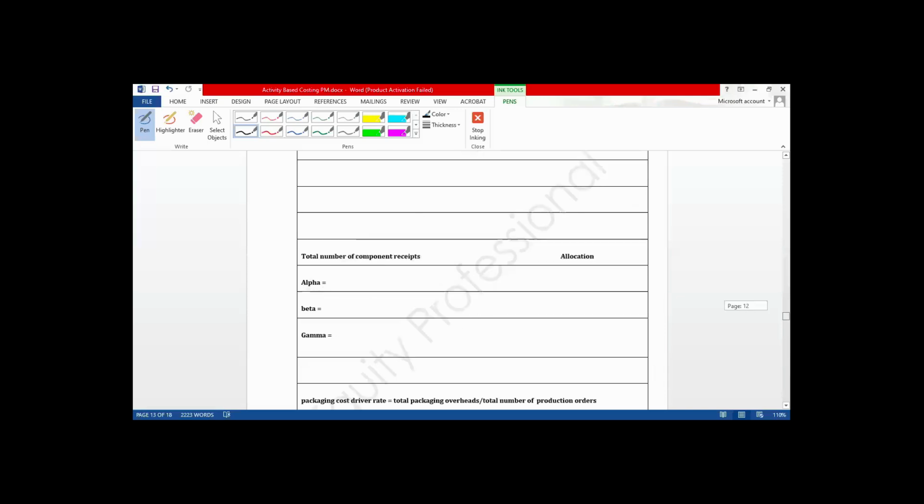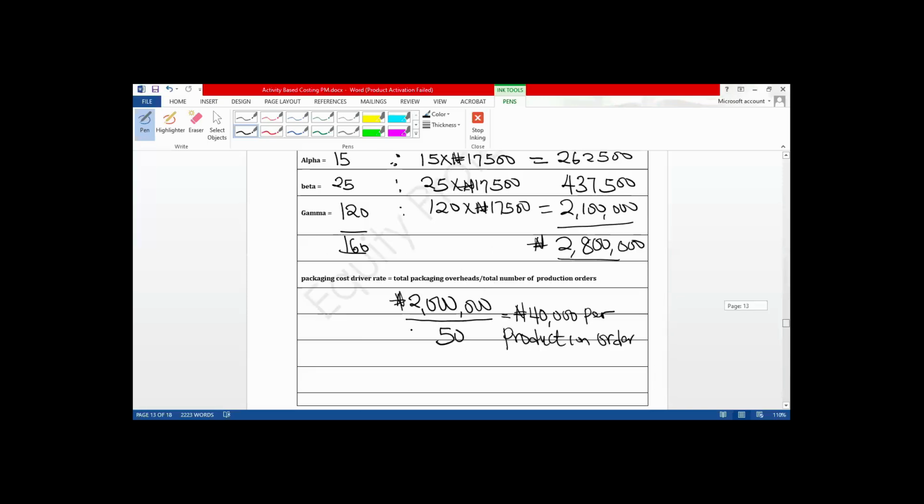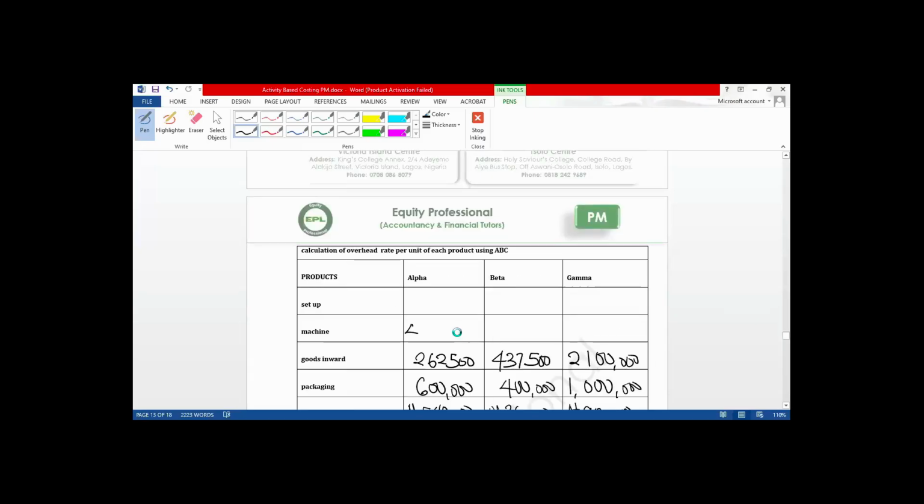Pick this also. That is 9 million in total.